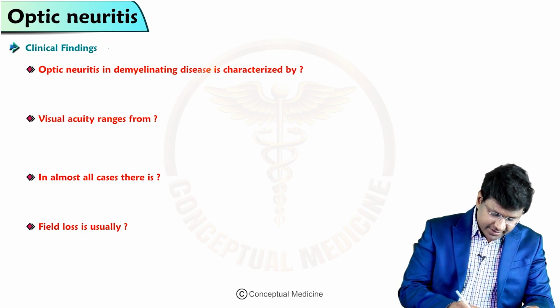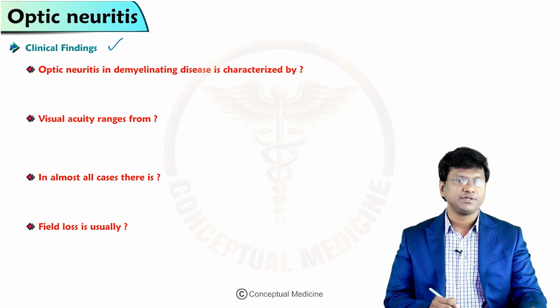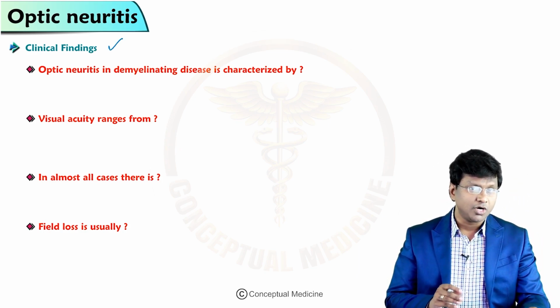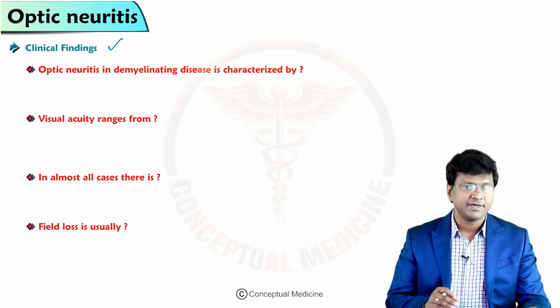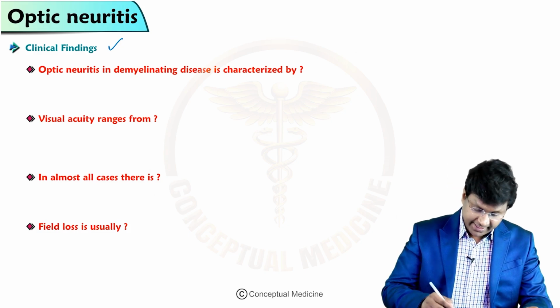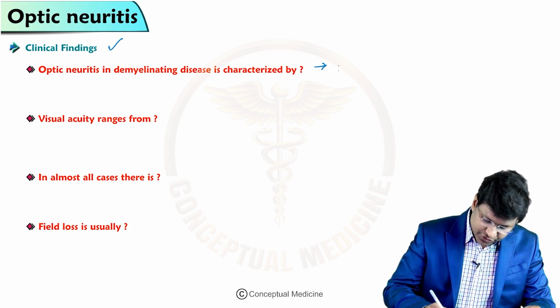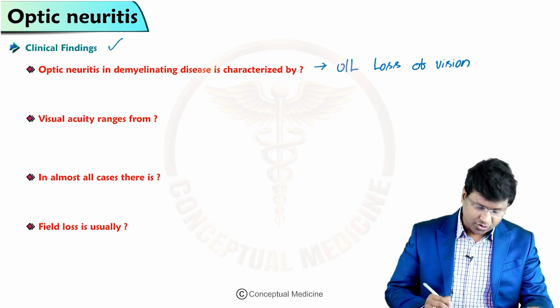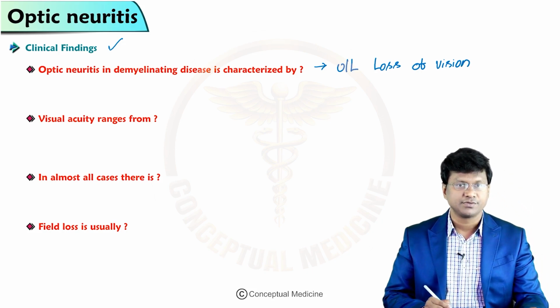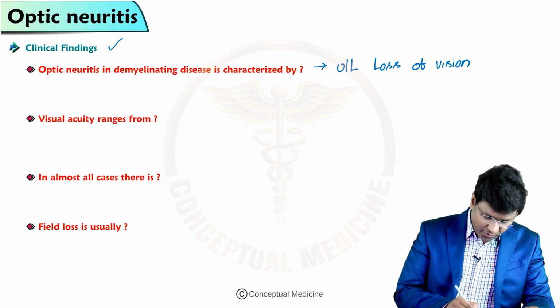And what will be the clinical features in patients with optic neuritis? In case of demyelinating diseases, optic neuritis is characterized by a unilateral loss of vision. And what is that particular demyelinating disease which will cause optic neuritis? That is multiple sclerosis. And what happens to the visual acuity?